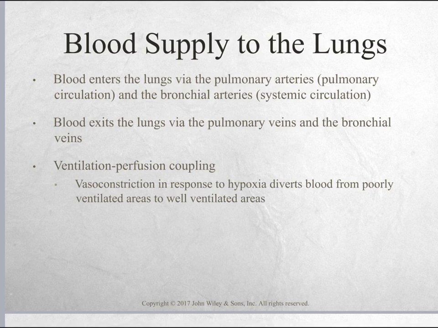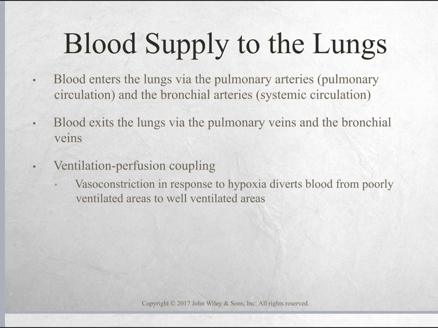The next phenomenon we have to talk about is ventilation-perfusion coupling. Now, this is a little bit interesting, well, somewhat confusing too, if we think about it separately. In respiratory physiology, the ventilation-perfusion ratio is a ratio that we use to look at the efficiency and adequacy of the matching of two specific variables, and those variables are ventilation and perfusion.